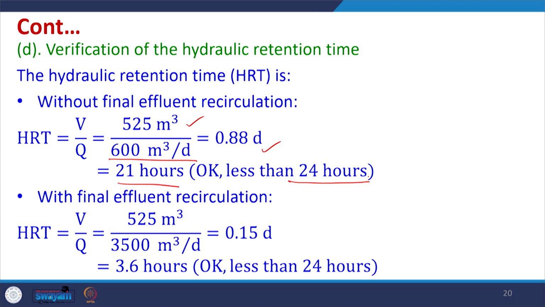Again if we calculate with final effluent recirculation, it comes out 0.15 day, which is 3.6 hours. This is better because we are able to treat more volume. It is less than 24 hours, so again okay. So, this is the hydraulic retention time.